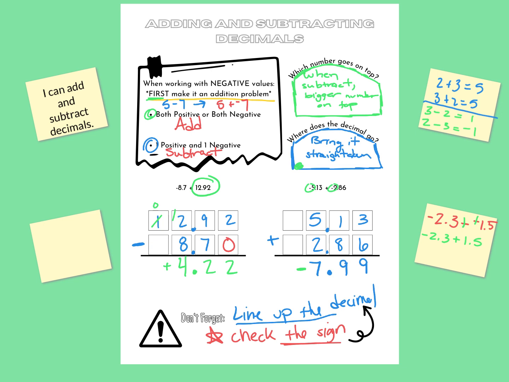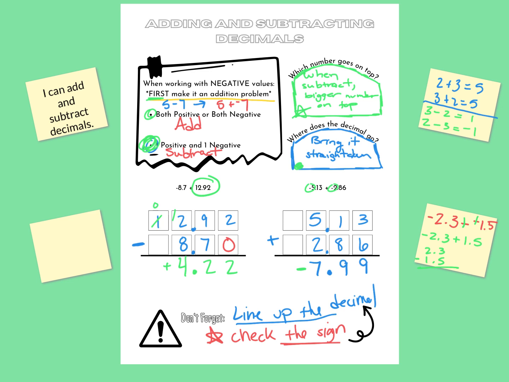But when we come over here and we follow our rules, we see that, well, I've got one positive and one negative. So I actually am still going to subtract. So I would have to subtract 2.3 minus 1.5. Notice I put that bigger number on top because I'm subtracting. And then I would just go ahead and subtract down.